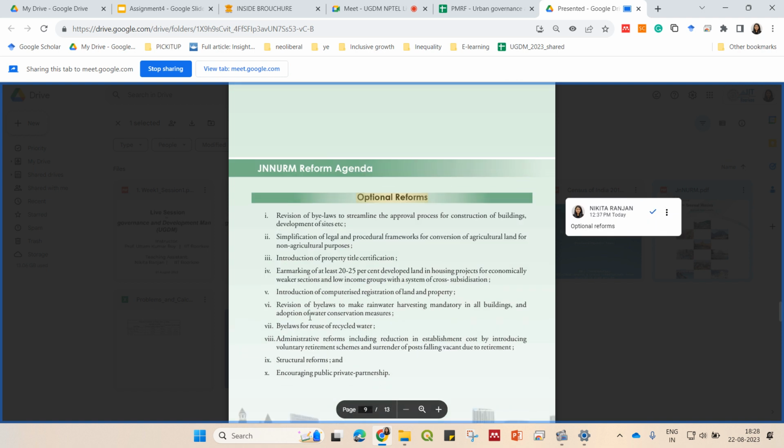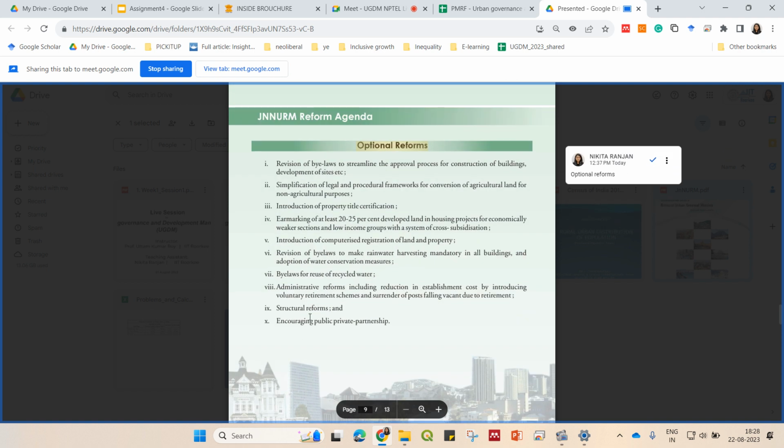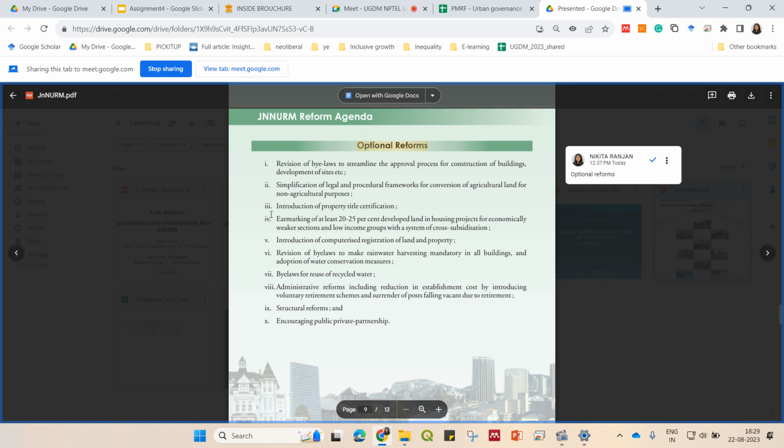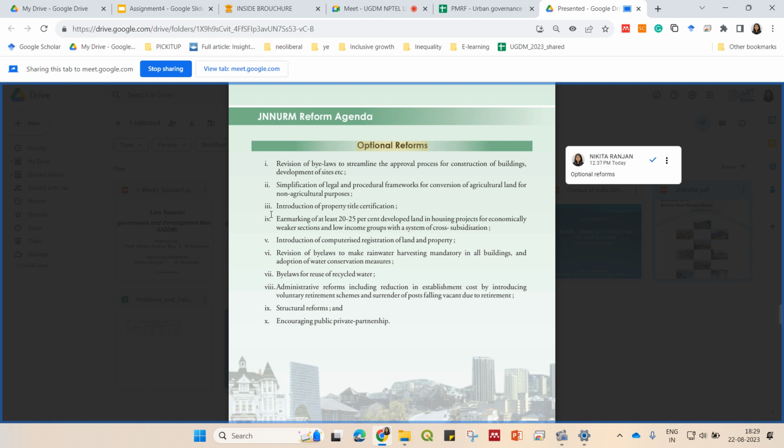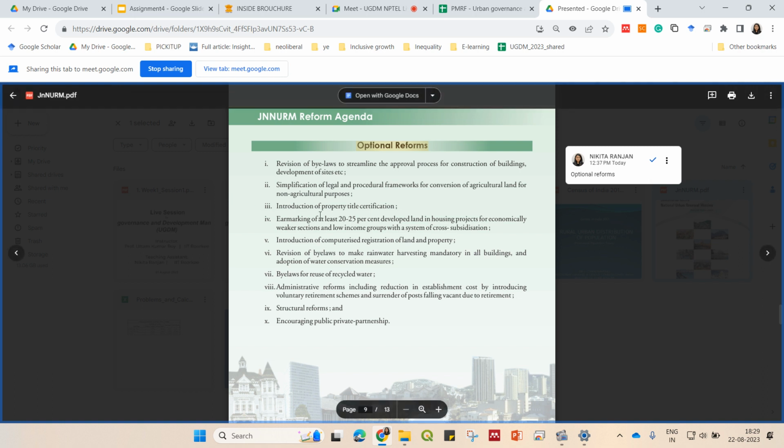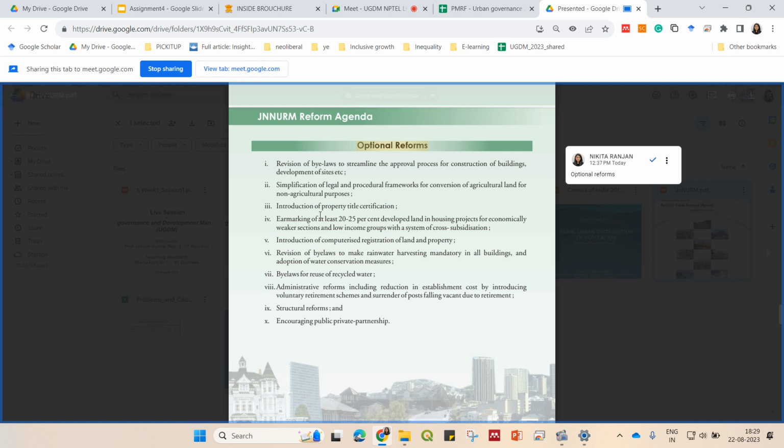Then there were optional reforms as well. So these are not divided between the state and the municipal level, but these are general suggestions or guidelines. Some of it is related to the mandatory reforms and some are additional reforms suggested by the JNNURM.